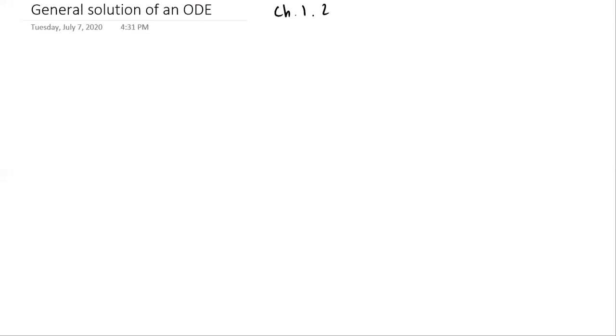Now, again, I'm going to go back to a very easy example which we already did. So when we had the differential equation, dy/dx equals 2, what did we do to find solutions? Well, we just integrated both sides with respect to x.